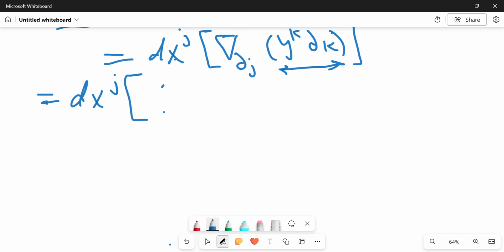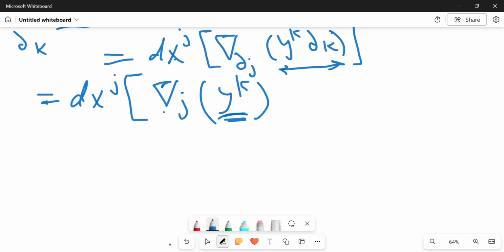So you do the Leibniz rule, which is del j for yk. This is a function, the coefficient or a component of the vector in the dk direction. This is dk. Say this is y1 and d1.